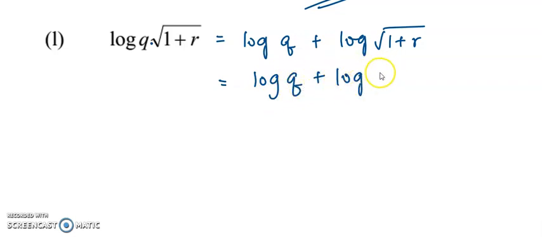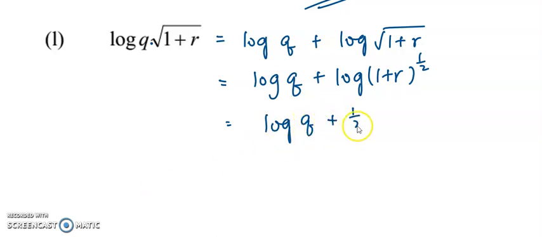So I have log of 1 plus r power of 1 over 2. And after that, I have plus 1 over 2 log 1 plus r. And the log 1 plus r cannot be simplified anymore, just leave it like that.